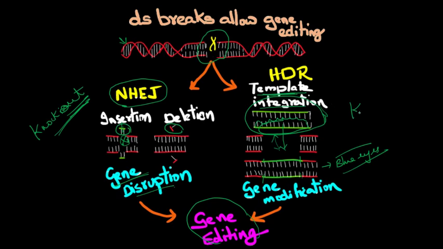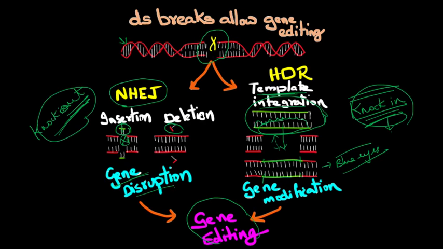Knock in is when you put a desired gene sequence into the double strand break region, so that there is a new expression. So knock in and knockout. You might have heard of the knockout mice.